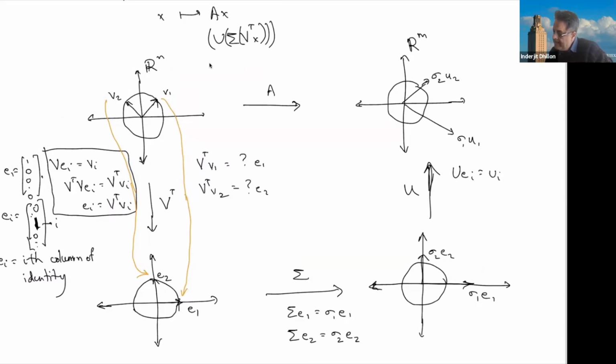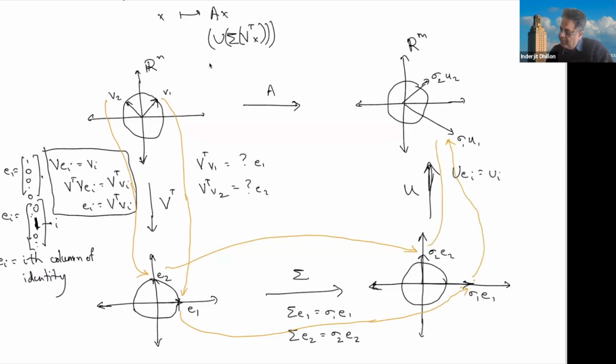So this is what is happening. E1 gets mapped to sigma 1 E1. E2 gets mapped to sigma 2 E2. And then sigma 1 E1 gets mapped to sigma 1 U1. And sigma 2 E2 gets mapped to sigma 2 U2.